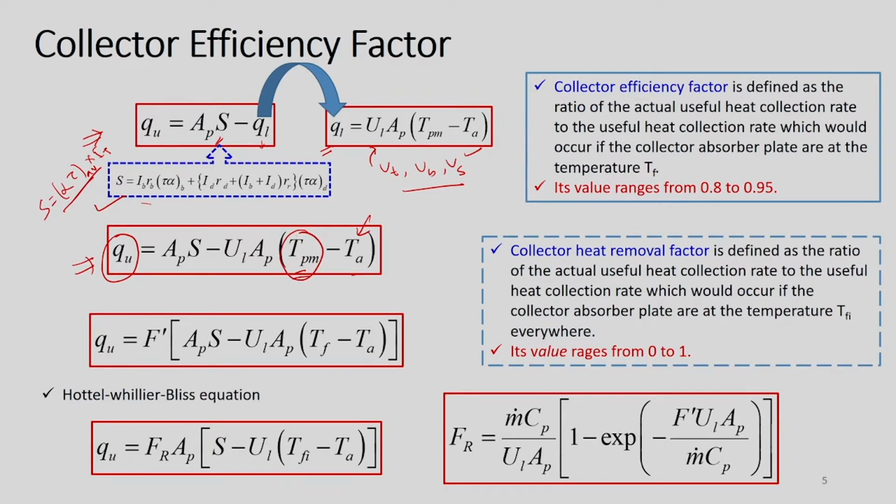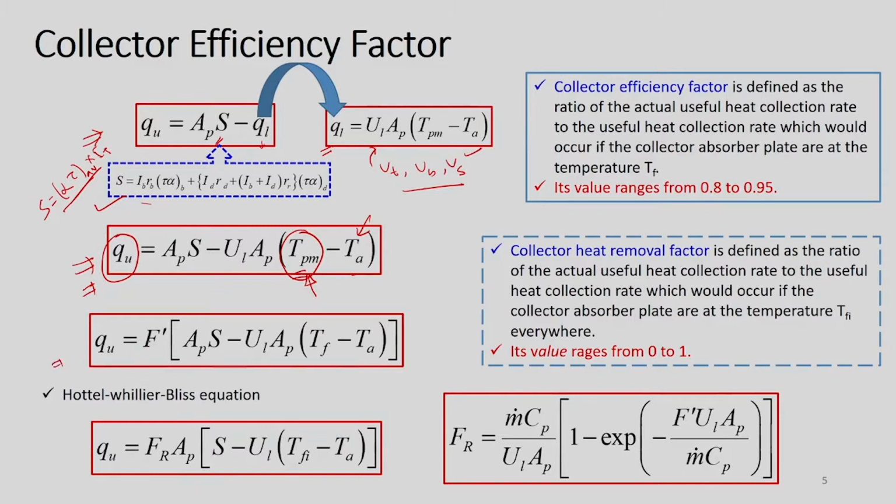So, if we do not know this TPM, then what will be our next target to simplify this calculation with a known value of temperature? What kind of temperature can we use to simplify this equation, right? Keeping this in mind, these two expressions are developed.